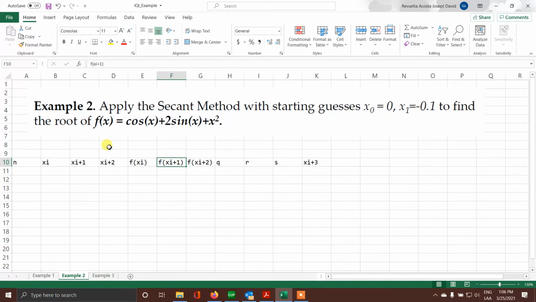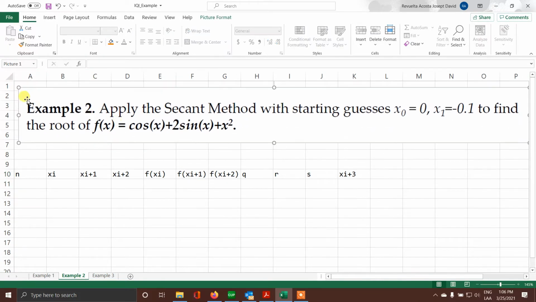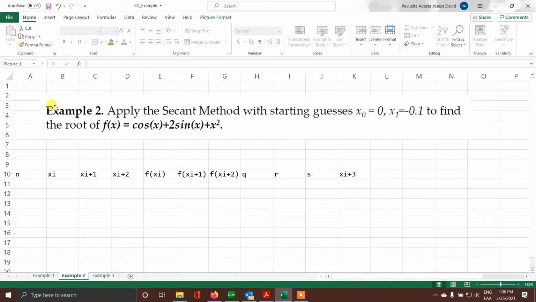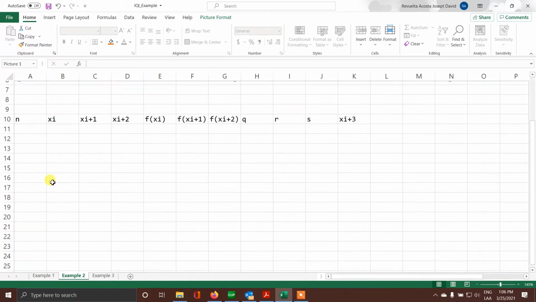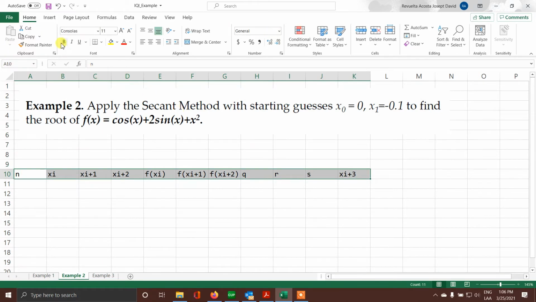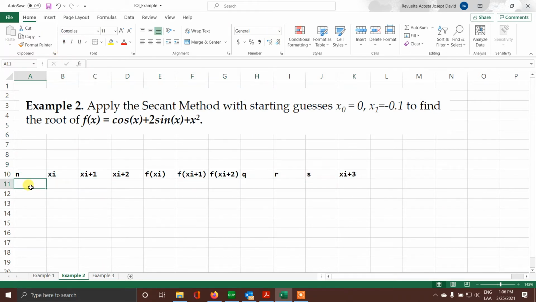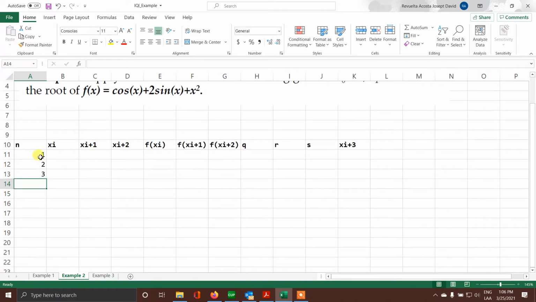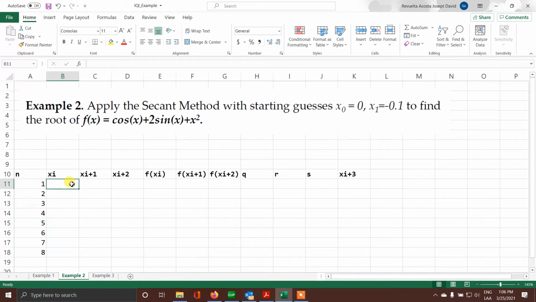We don't know if we're going to need more than that, but let's just keep it. So the first one is actually 0, this is going to be minus 0.1, and for the sake of things, let's just use the same. So it's minus 1, 0, and 1. Let's see what happened.